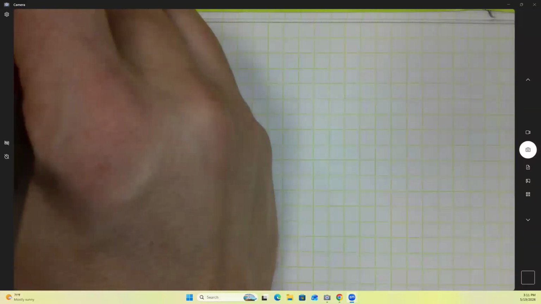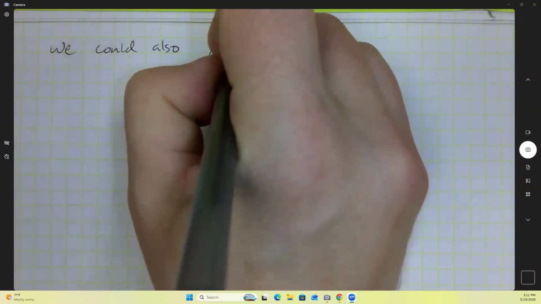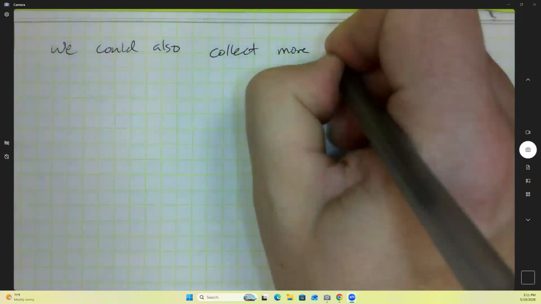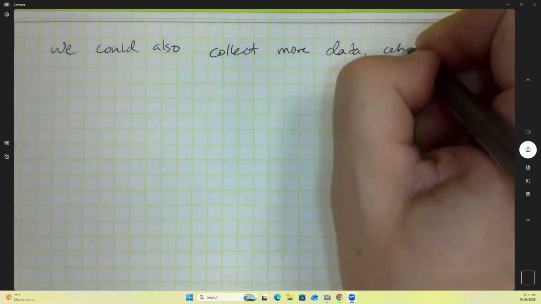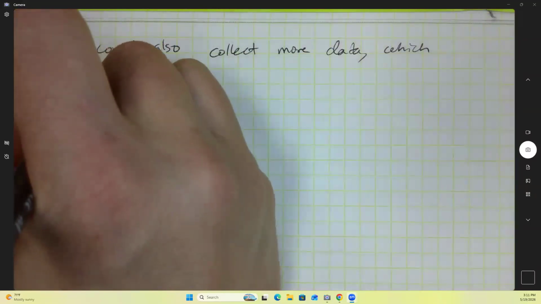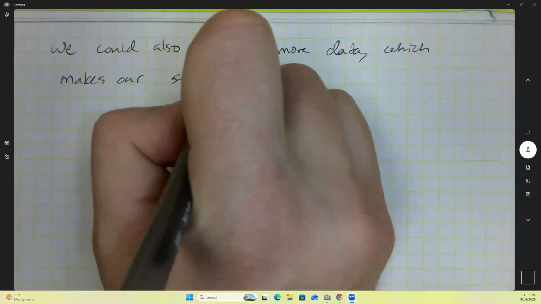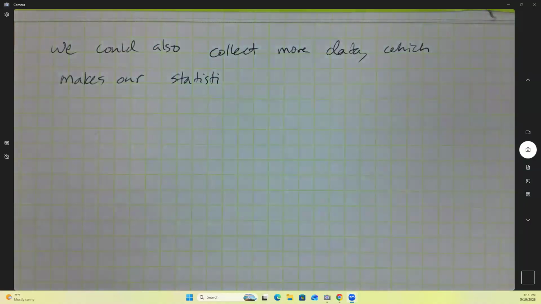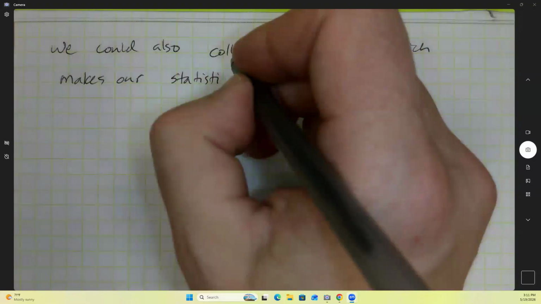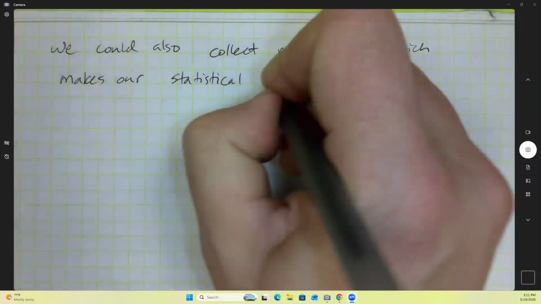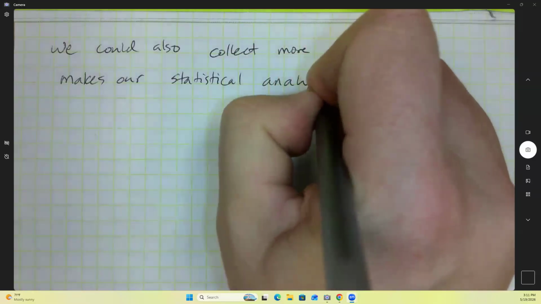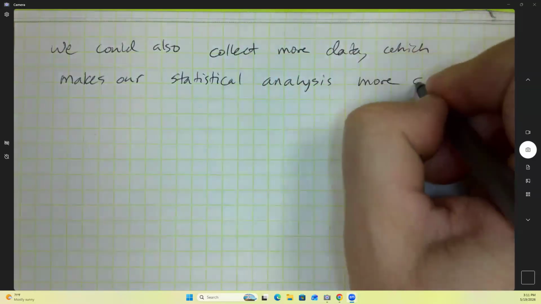So we could also collect more data, which makes our statistical analysis, whether it's a confidence interval or a hypothesis test or anything else, more accurate.